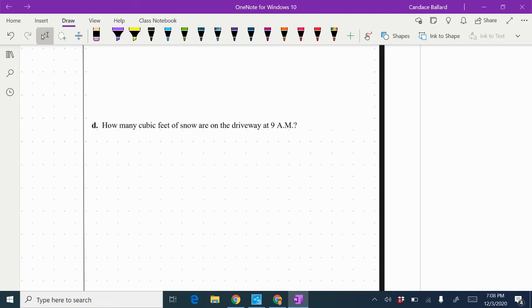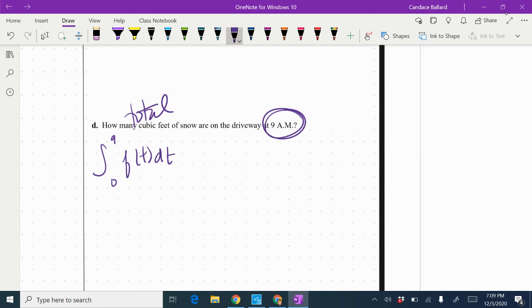So how many cubic feet of snow are on the driveway at 9 a.m.? This is looking at a total. So we're trying to figure out our total at 9 a.m. That means I need to integrate from 0 to 9 how much snow has fallen minus how much snow has been removed.